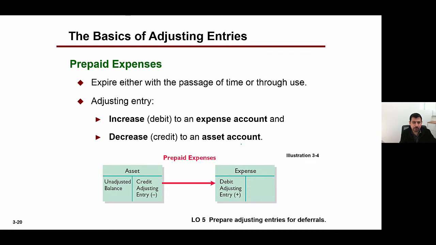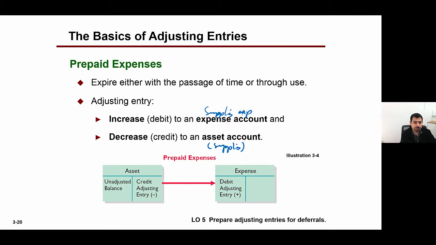Now, as we did before, the adjusting entry needed us to decrease the asset account, in the example, supplies. And we increased an expense account that was supplies expense.